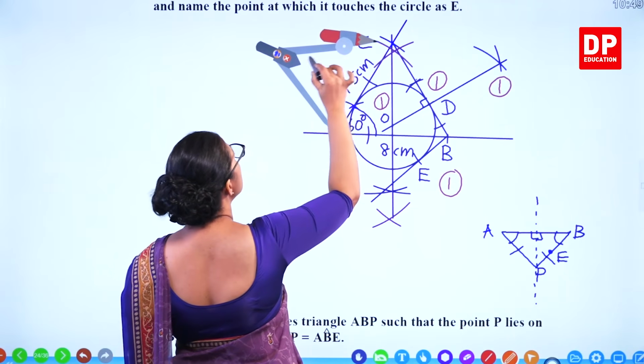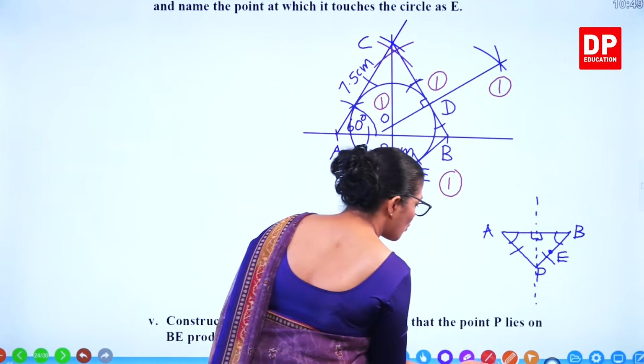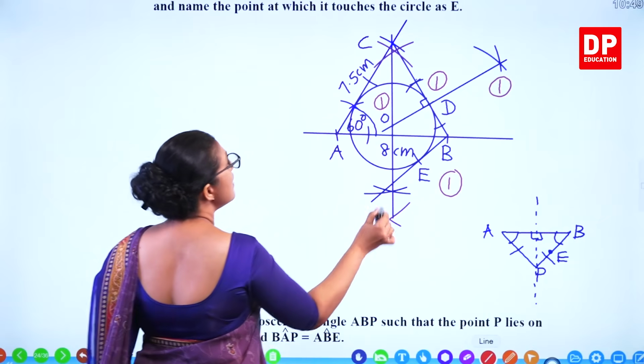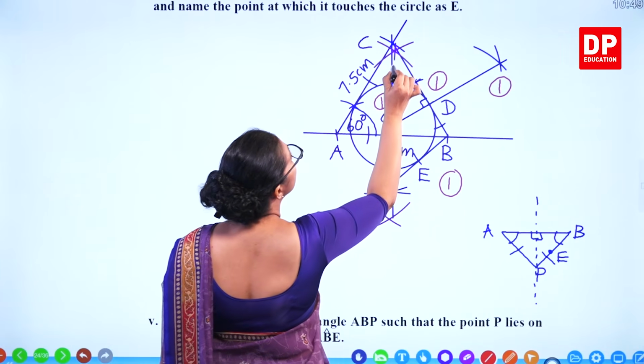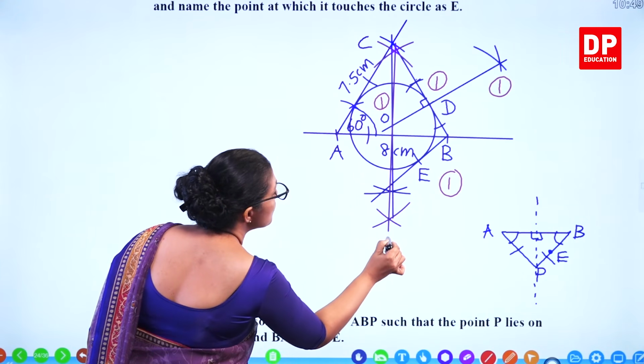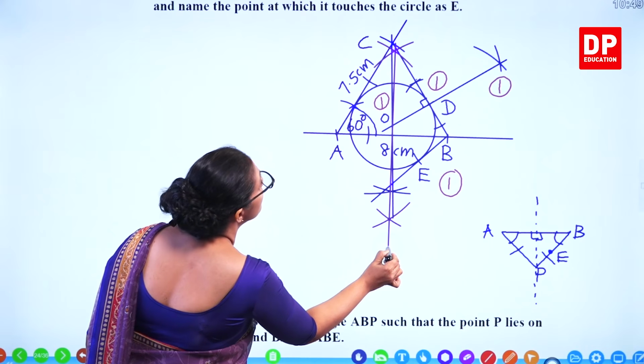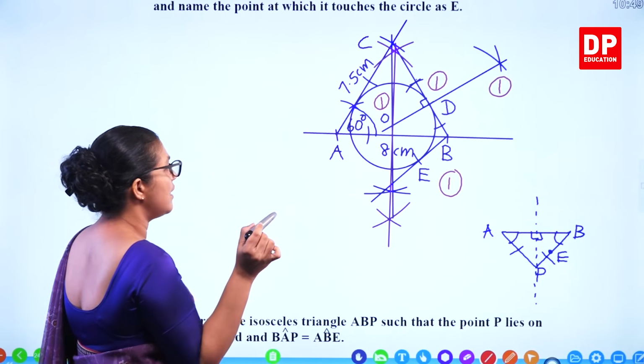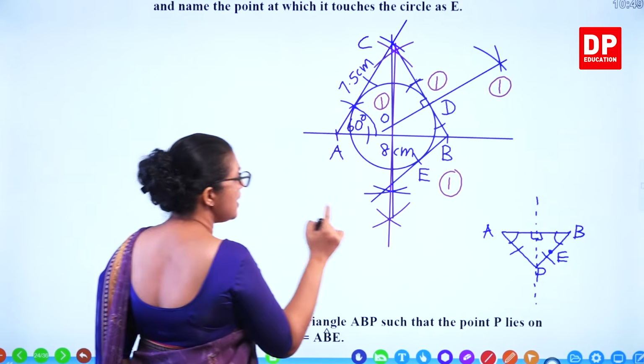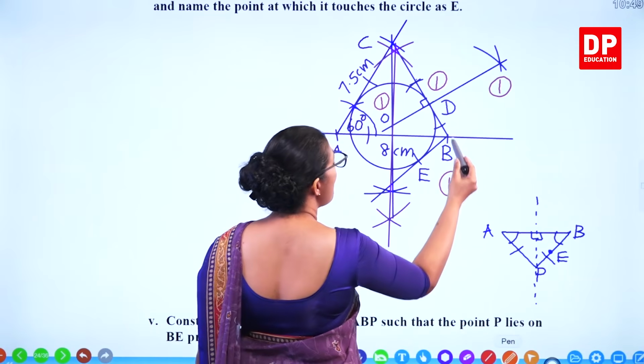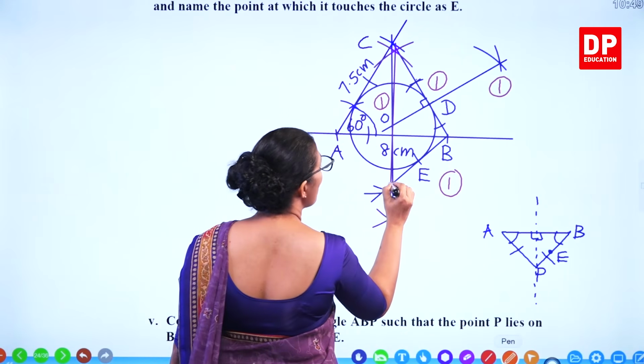So we can see the intersecting points. So we can draw the straight line here to here. This one and this one. So that's the perpendicular line. It meets the BE produced at this point.